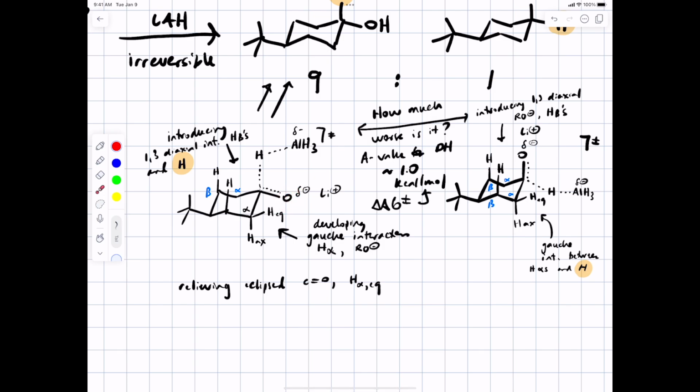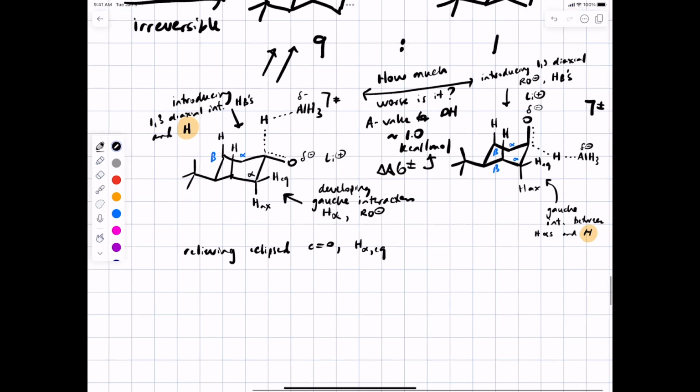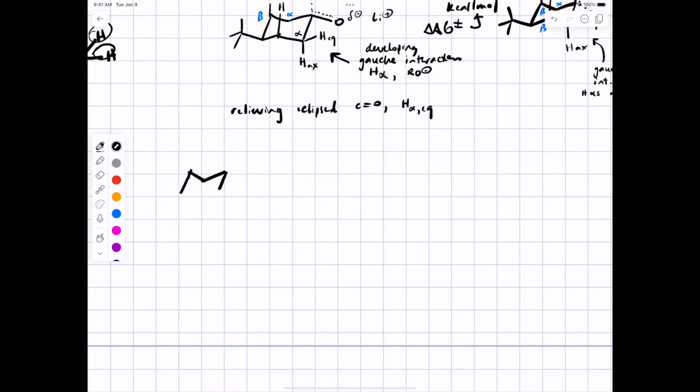Right, here this oxygen is gauche to 2 hydrogens. Here the oxygen is gauche to 1 hydrogen and gauche to the ring. That kind of difference is probably also tied up in the A value, because remember, the A value is actually related to the equilibrium constant for that.